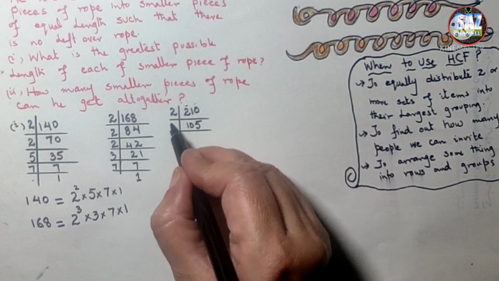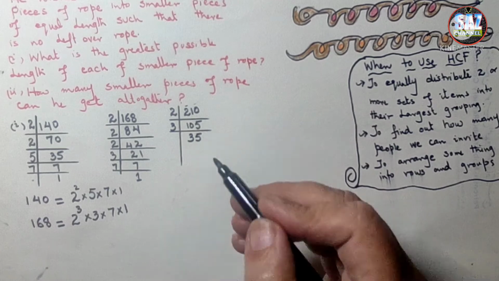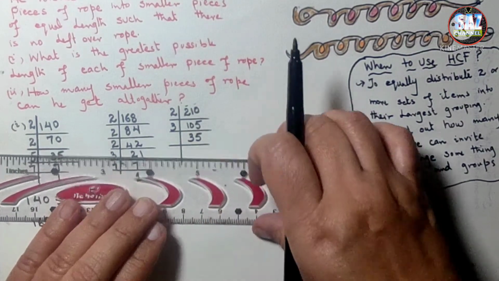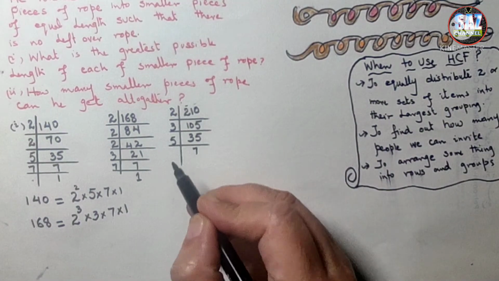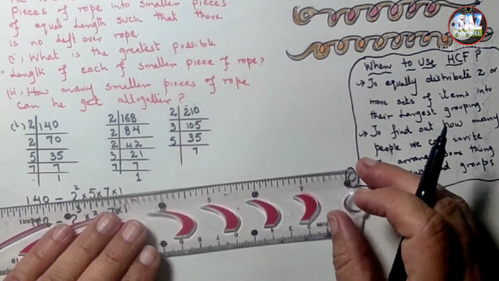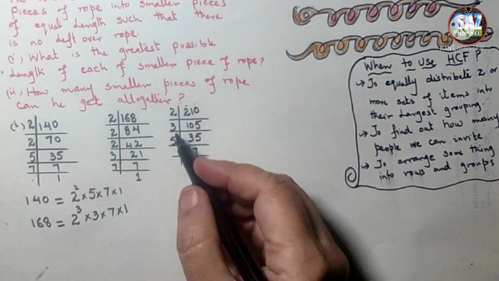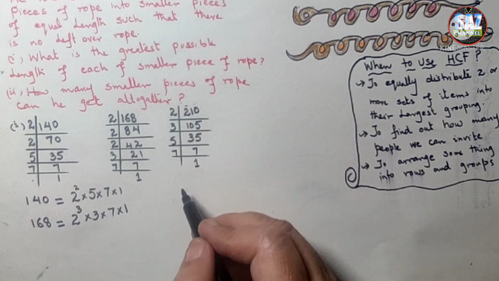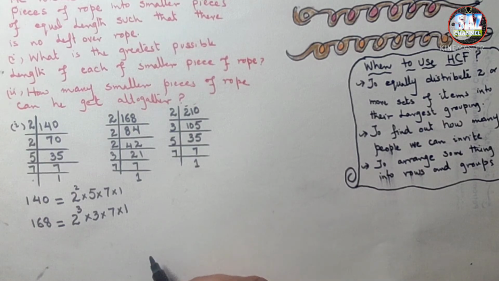So this will become 3 3s are 9 and 3 5s are 15, and then again I cannot divide this number by 3. As the unit digit is 5, 5 times 7, and then 7 times 1. Step 1 is that I have to write each number as the product of its prime factors.